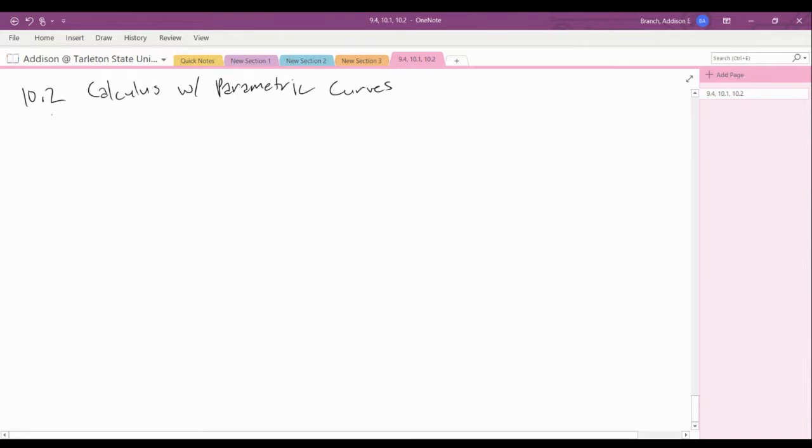So, of course, our parametric forms are going to usually be x is some function of t and y is some other function of t. So first, let's talk about derivatives.